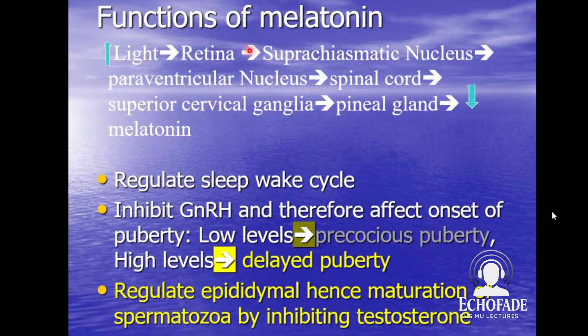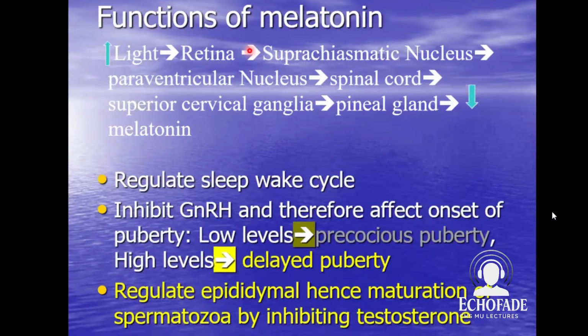Now, parvo means small. So the nuclei, the cell bodies of some secretory neurons, they do not transmit an impulse, but they secrete hormones, are small in size, and therefore they are classified as parvocellular neurons.